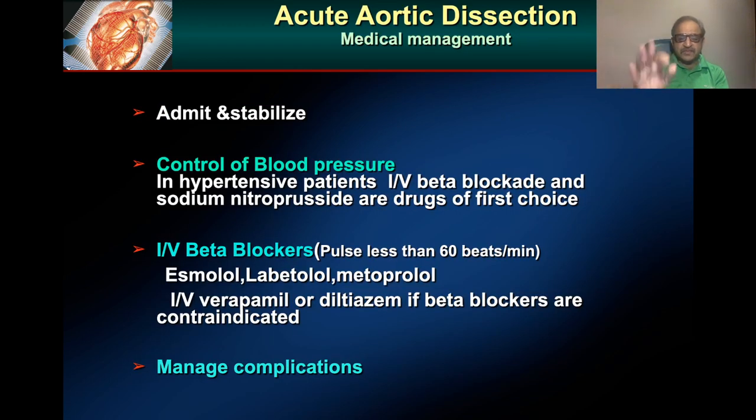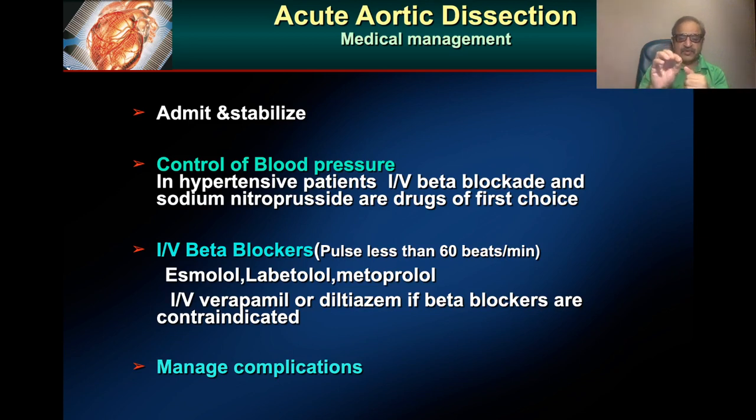You must admit your patient and then control the blood pressure. It's very important to give your patient intravenous beta blockers and sodium nitroprusside together. Intravenous beta blockers slow down the heart rate, decrease the force of myocardial contraction, and reduce the stress on the wall of the aorta.